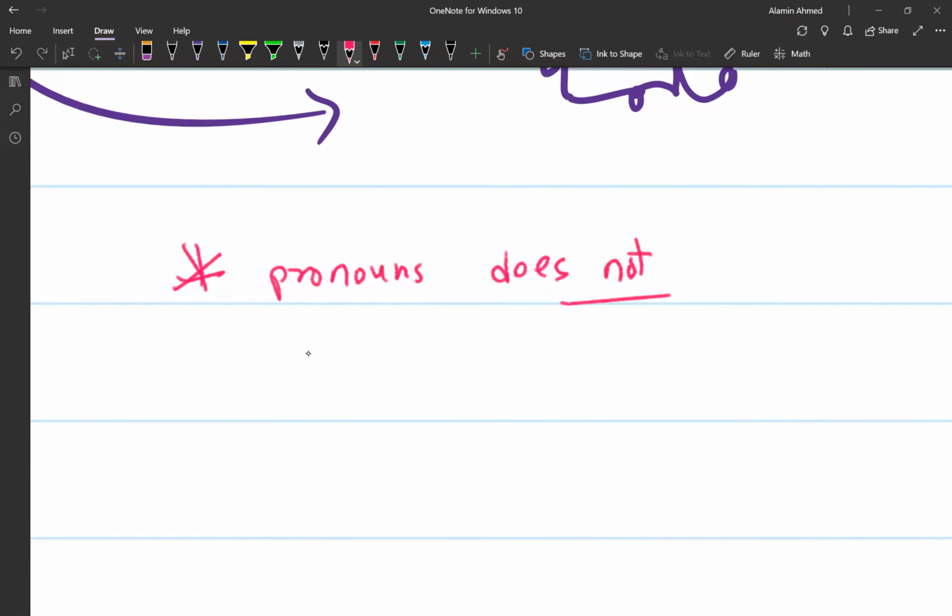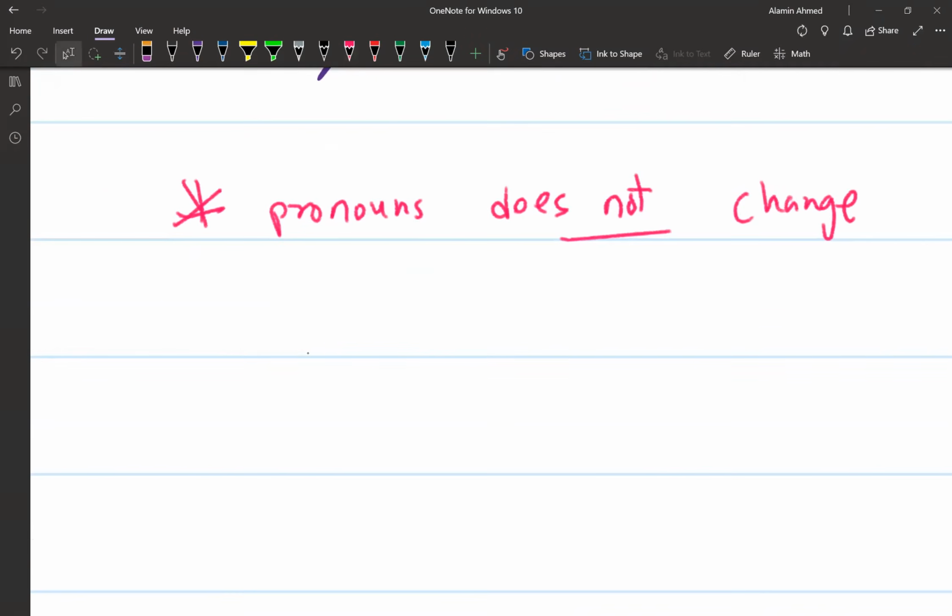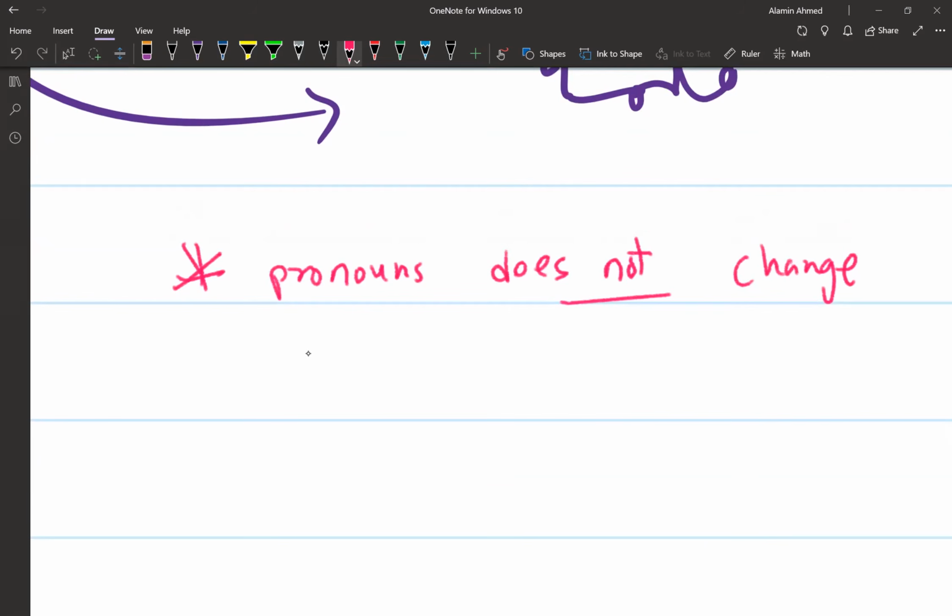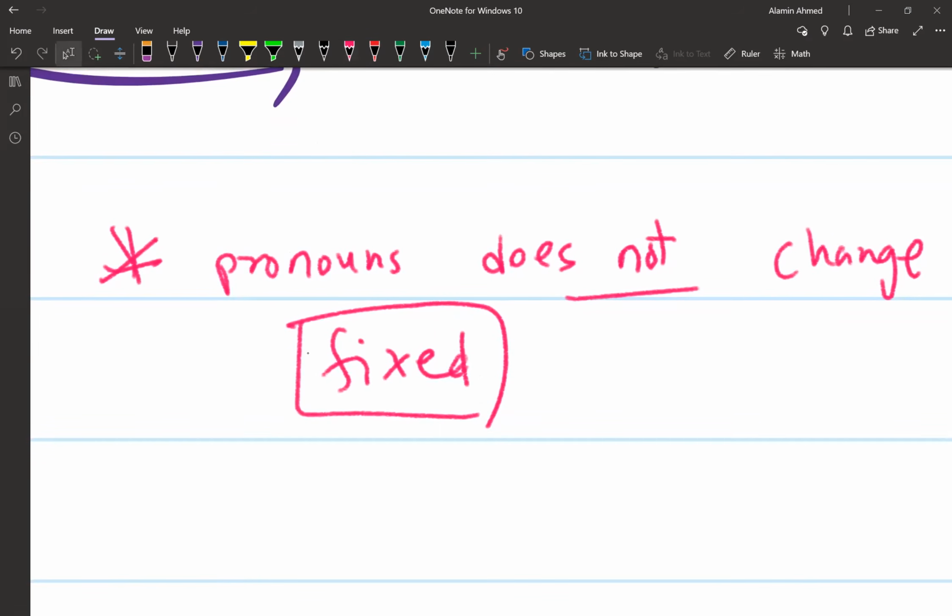Does not change. I'm talking about the ending. It's mabni. It doesn't change. So pronouns are always fixed. That's probably a better word. You understand what fixed means? Sometimes it will change for different reasons, guys. It's a little bit complicated, but fixed from a grammatical perspective.